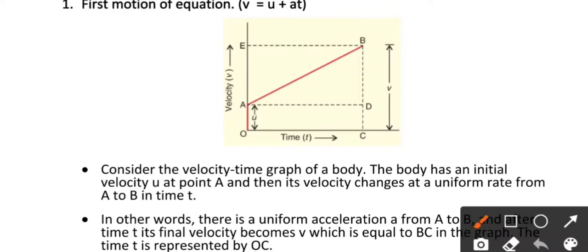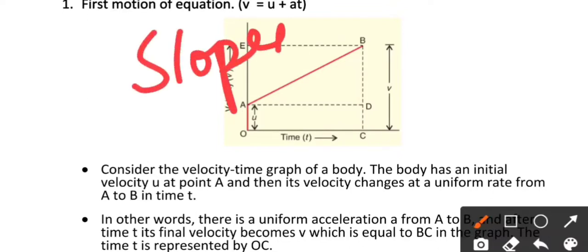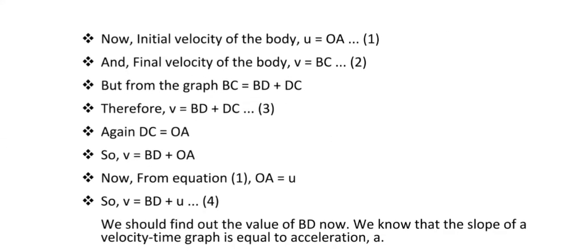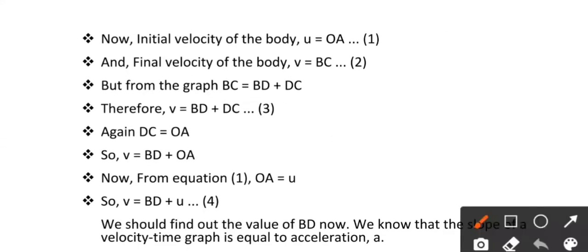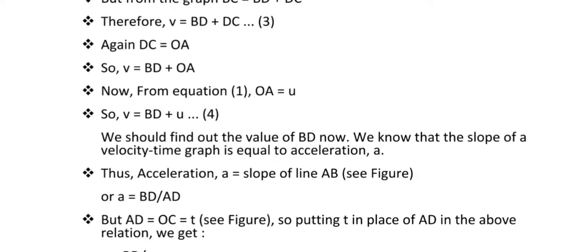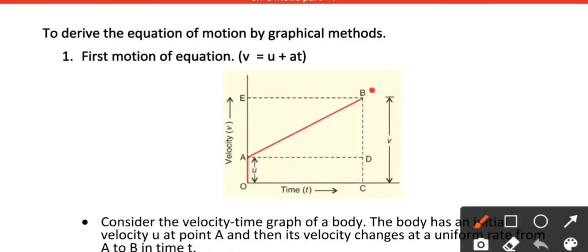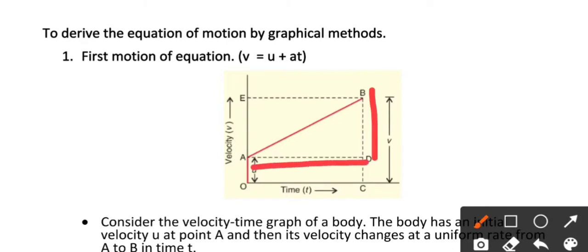The initial velocity is OA, that is u, and the final velocity is v. So acceleration is the slope of the line AB, which is BD upon AD.